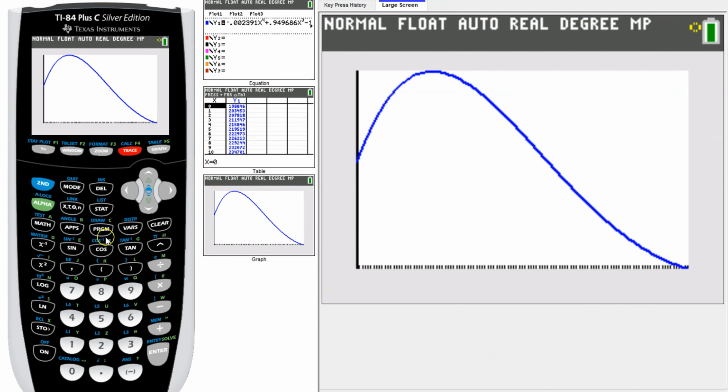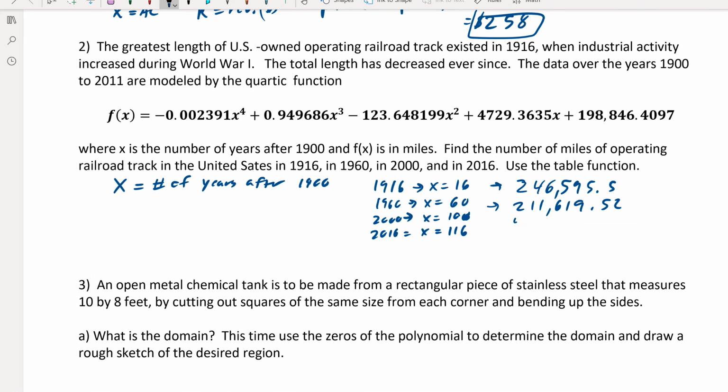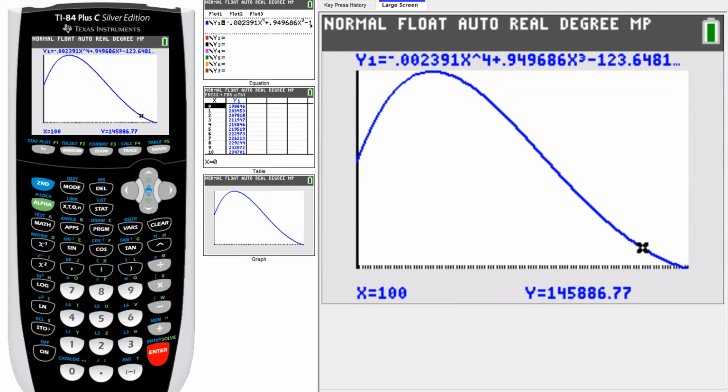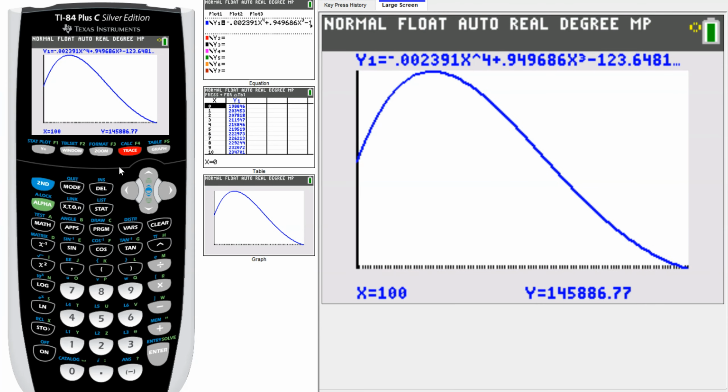So trace 100, and it's 145,886.75. And then now again for 116. Trace.